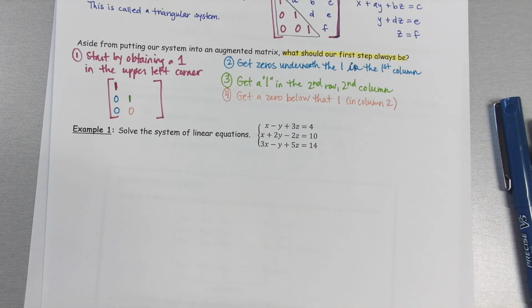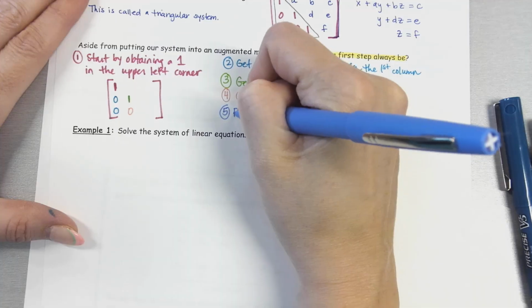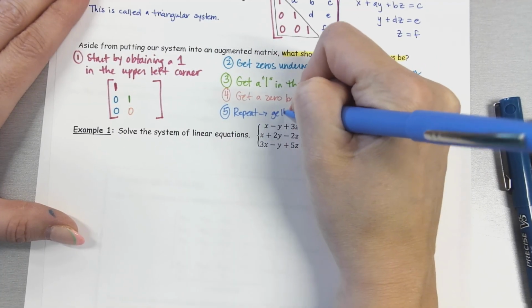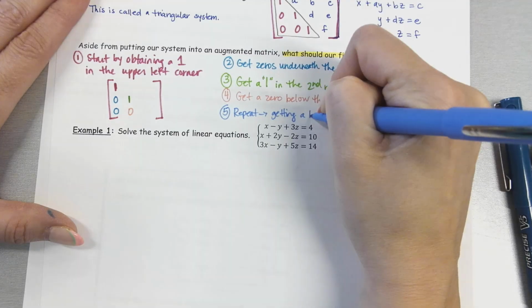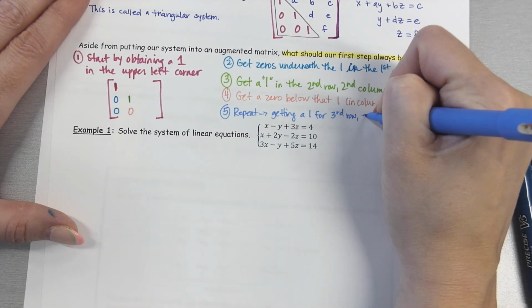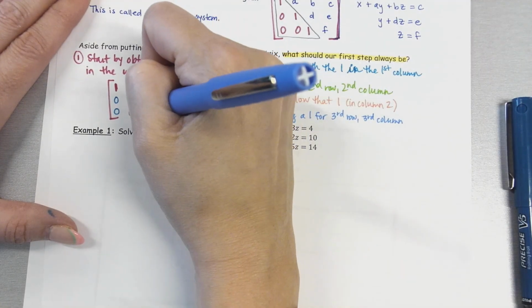We're not going to have anything larger than that today. Your last step is to repeat, getting a 1 for third row, third column. So that would be here.